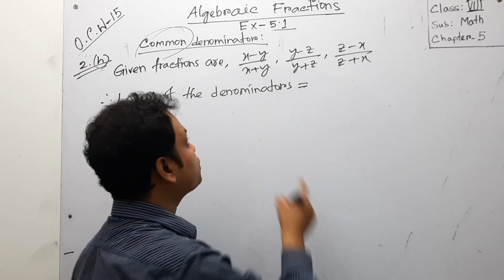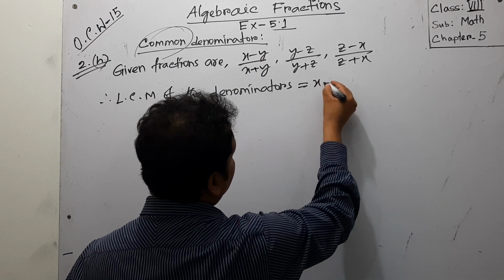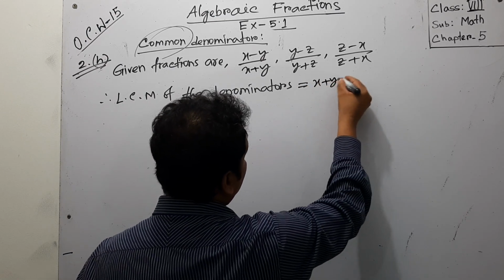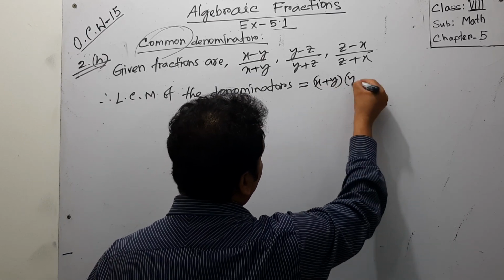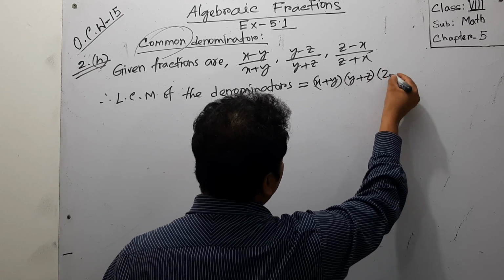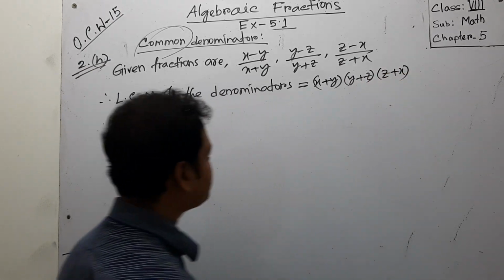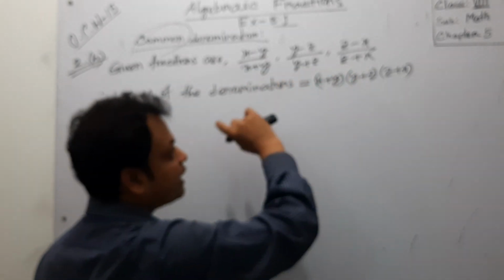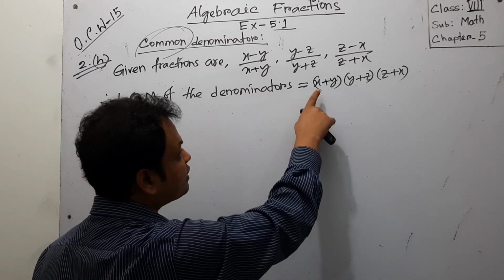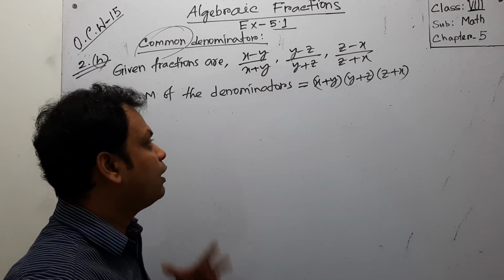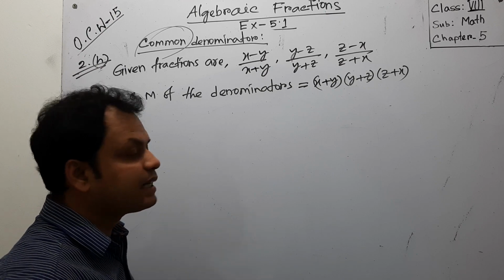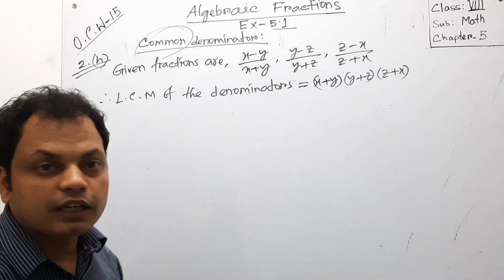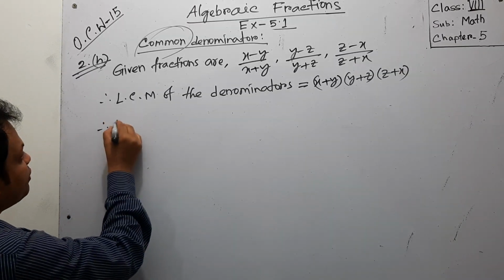All are unique, so we take all the denominators: x plus y, then y plus z, then z plus x. So we have got the LCM of the denominators. First we wrote the fractions, then we found the LCM of the denominators. Now we'll write the first fraction.